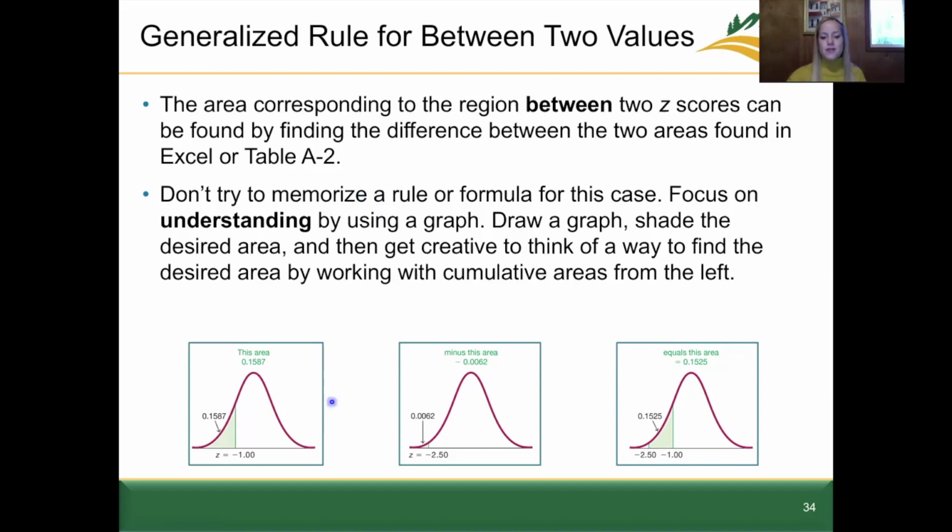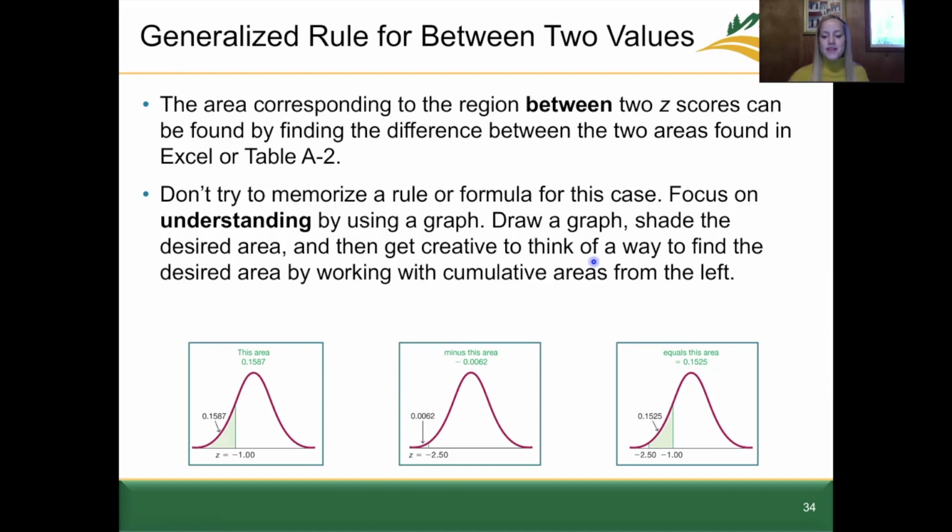It's better to draw out and picture what's happening. So we draw a graph, shade the desired area, then we get creative to find the area of that given portion by, importantly, working with these cumulative areas from the left. Okay, so there's another practice problem for you on your student outline. You'll also get more practice with this with your MyStatLab homework.